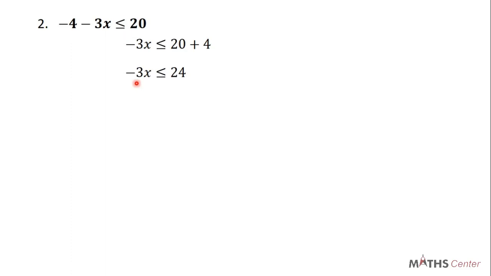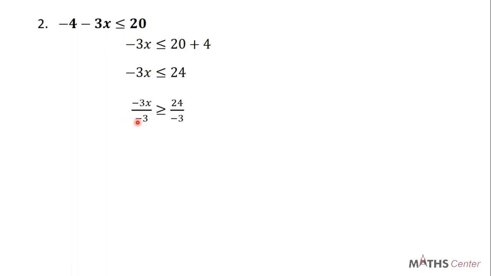So here, as soon as we divide through by -3, the inequality changes from less than or equal to greater than or equal to. So that is the meaning of that statement. As soon as you divide through by a negative number, the direction of the inequality changes. So here it was less than or equal to. It will change to greater than or equal to because we have divided through by a negative number.